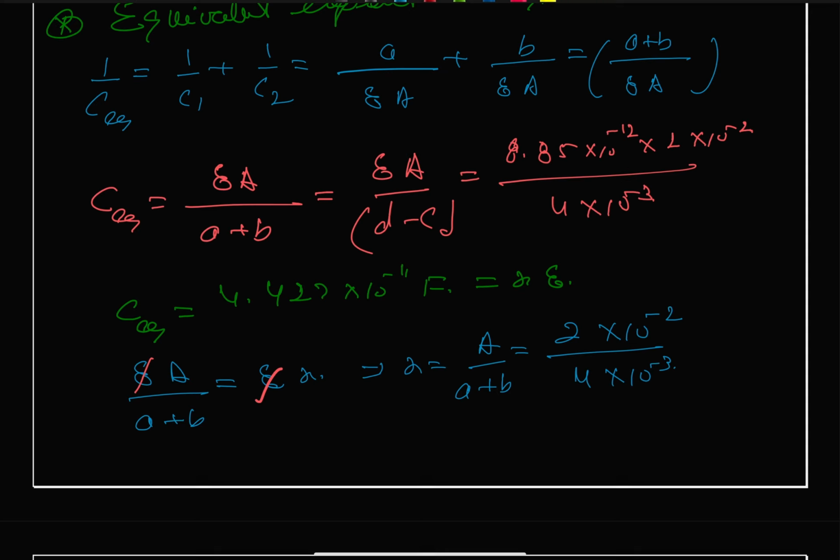This comes as 5. I should not have put the values. So the value of x is equal to 5.